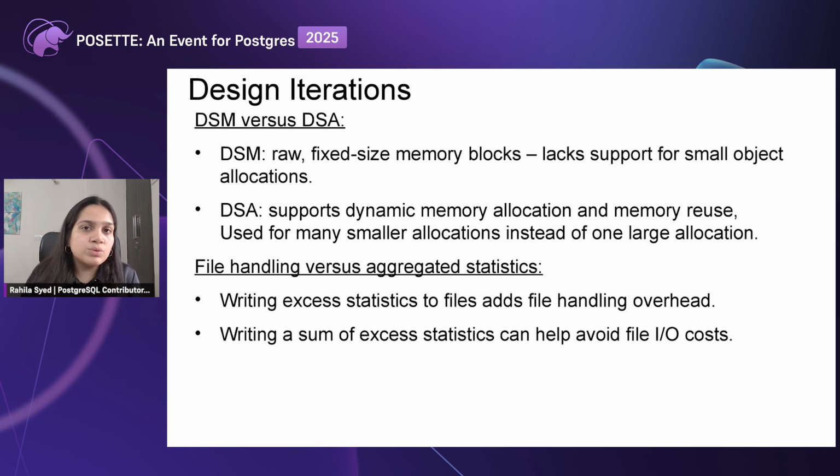But one disadvantage of using a file is that it adds the overhead of file management. So what we've done in the feature is we have summed up all the remaining statistics and displayed it as a cumulative total. So whatever exceeds the limit is displayed as a single line in the output, which is the total consumption.